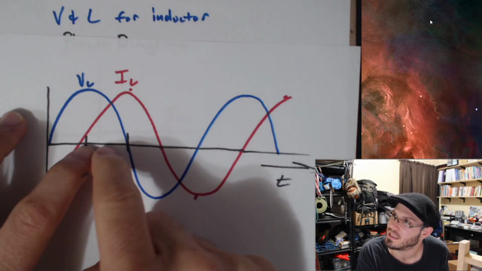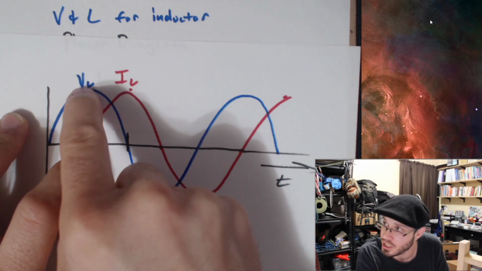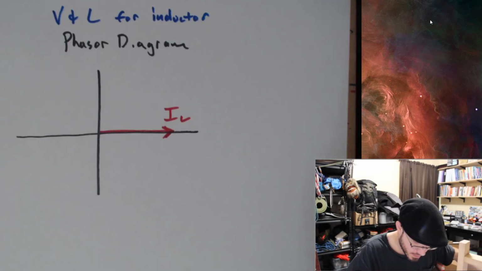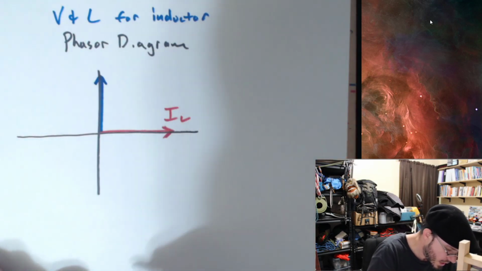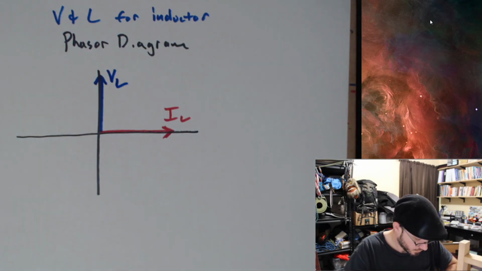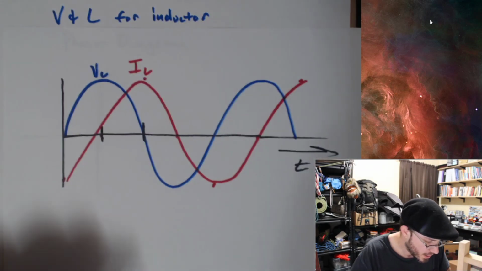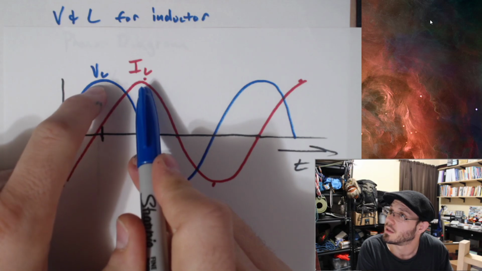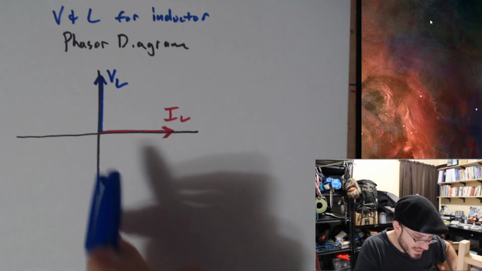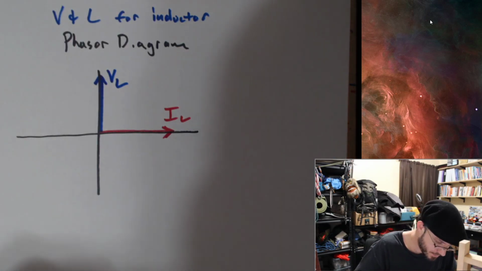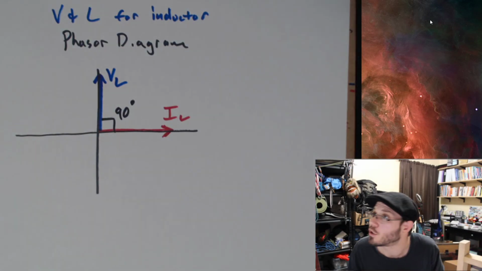And at that same point in time, when I is at 0, V is at its max value. And the max value as projected on the y-axis is up here. And how far are they separated from each other as far as phase? Well, it's a quarter of a cycle, or 90 degrees. Well, that's exactly the angle that is made here. I'll be a little facetious and say 90 degrees right there.